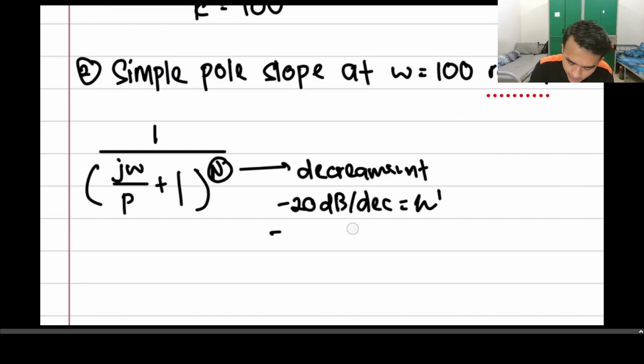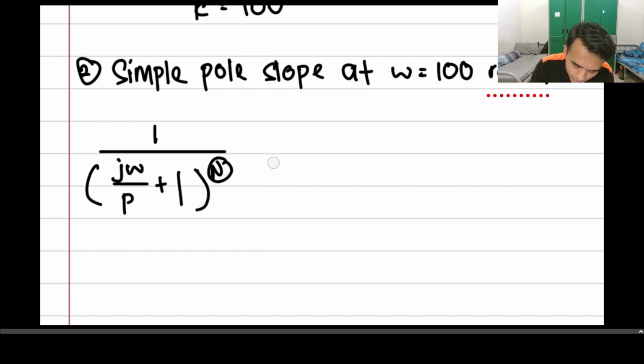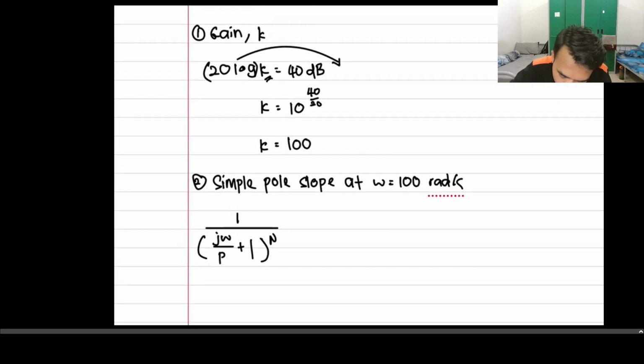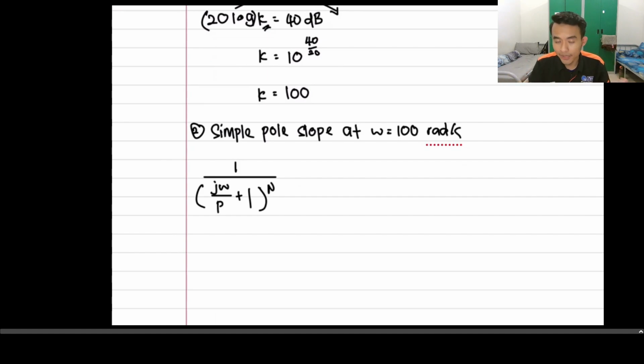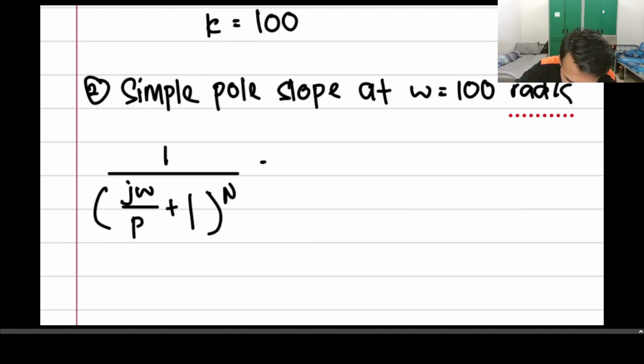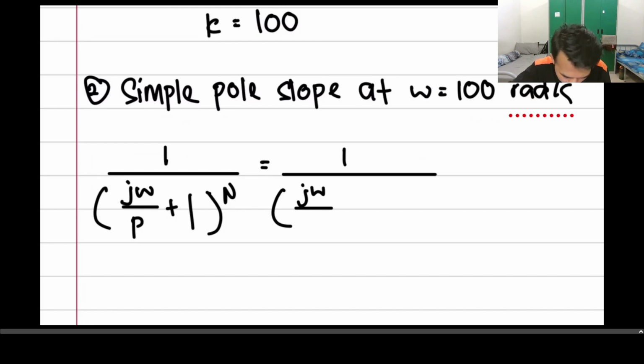Like in this case, the decrement is negative 20 dB per decade. Therefore, it will be power of 1. So jw divided by p, the pole, I will replace with the value of omega 100, because at that point the Bode plot started to become a simple pole.